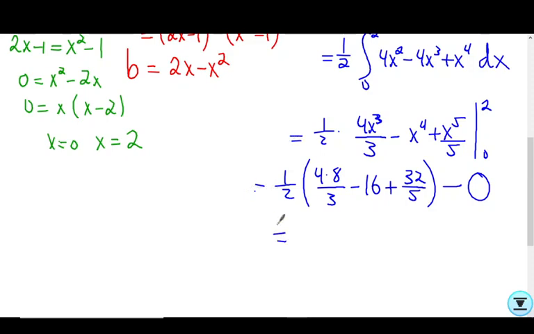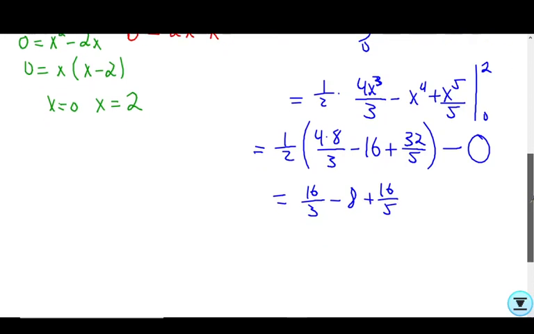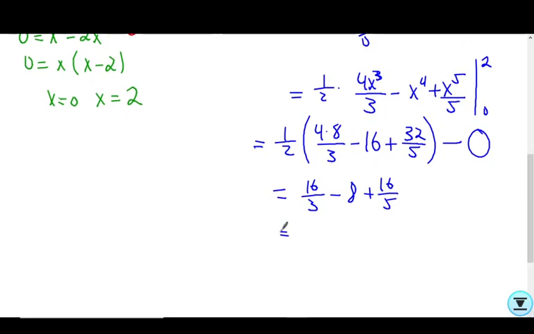And then we simplify. When we simplify, we're going to get 16 over 3 minus 8 plus 16 over 5. To simplify, we get common denominators. Our common denominator is 15.